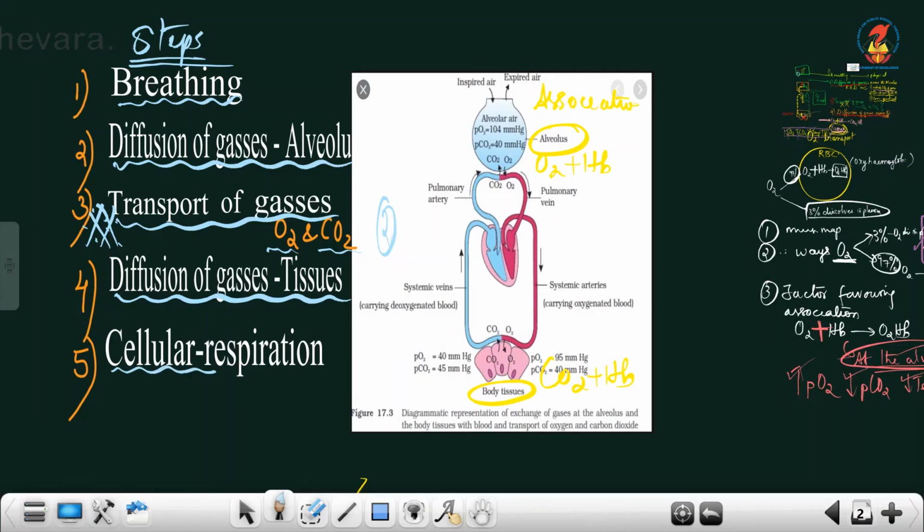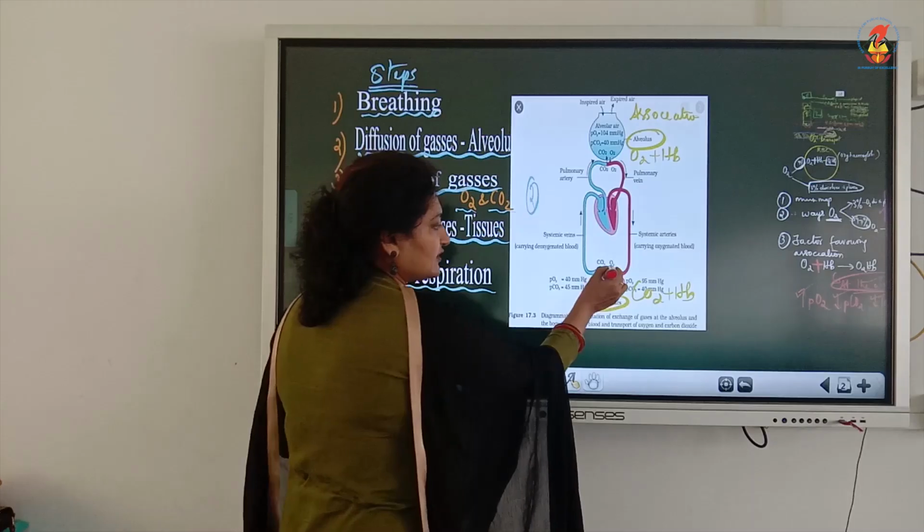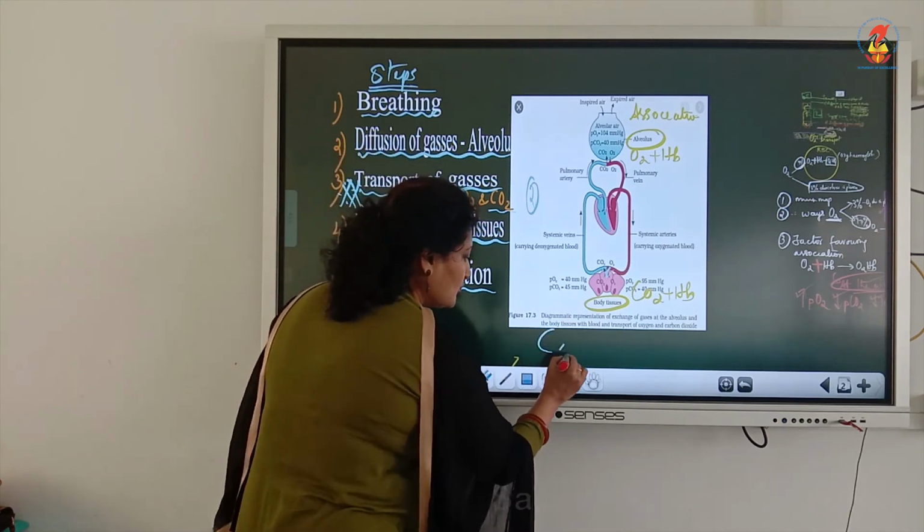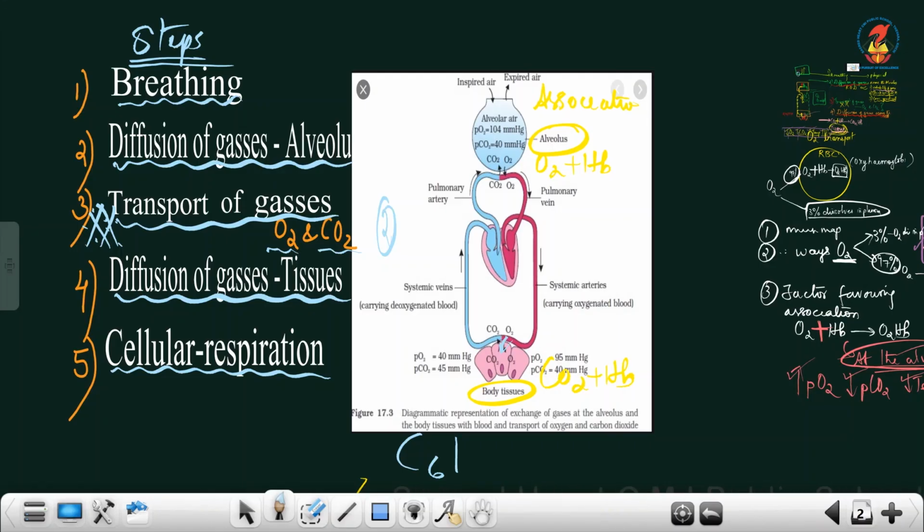And last, what we know is cellular respiration. Right from lower classes, we know what happens to the oxygen that has come to the cells. What is happening in the cells? The cells have glucose, which is taken up through nutrition. This glucose should be broken down in the presence of oxygen to form carbon dioxide, water and energy.